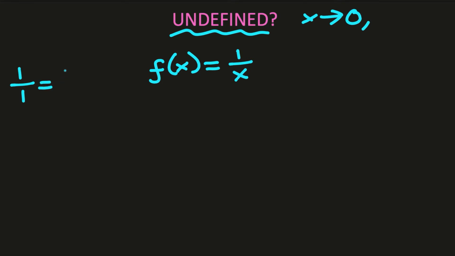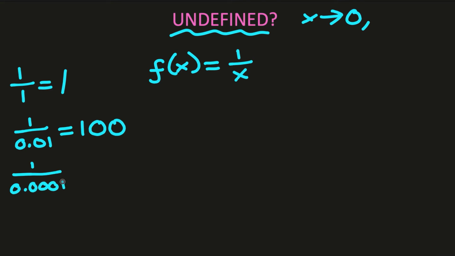I know this is simply equal to 1. So let's get closer to 0. What if I have 1 divided by 0.01? I know this is equal to 100. What if I had 1 divided by 0.0001? I know this is equal to 10,000.